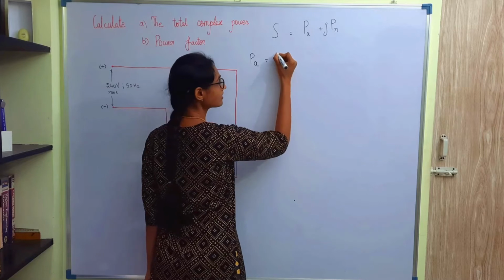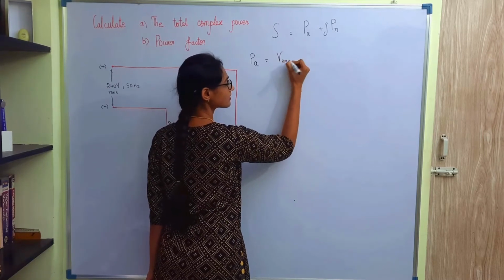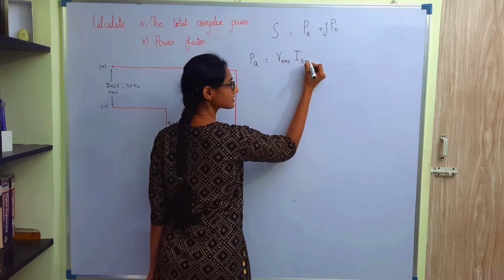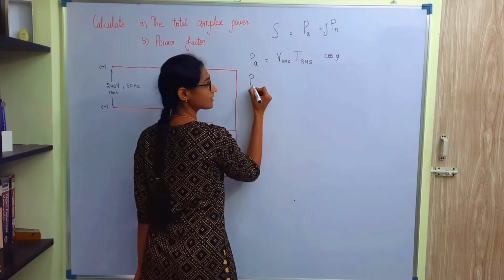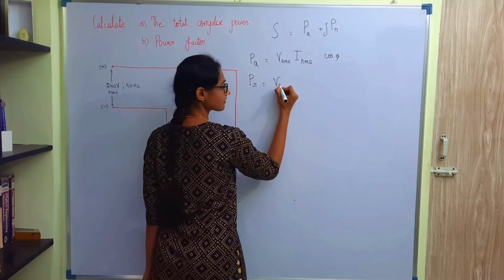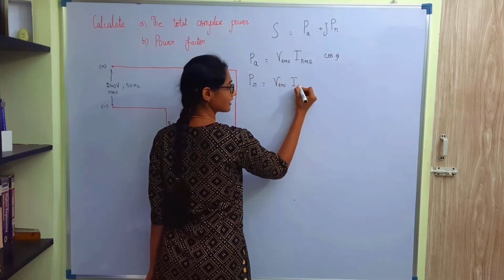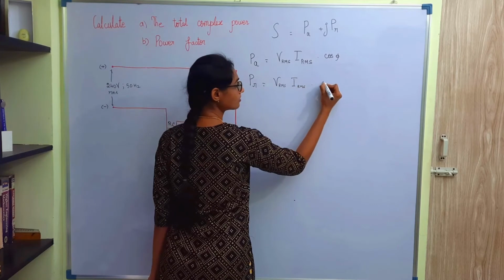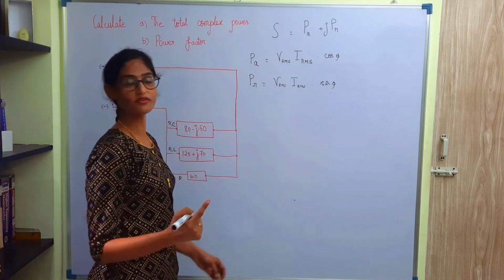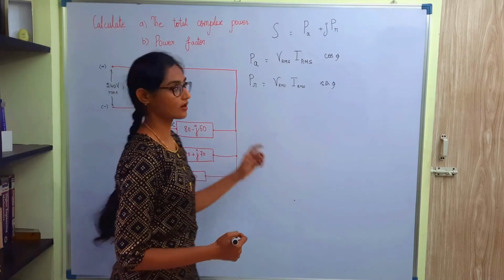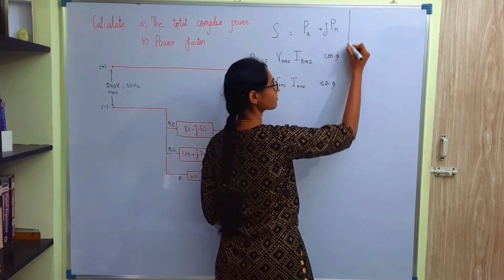Active power will be Vrms into Irms into cos phi. Reactive power will be Vrms into Irms into sin phi. This is the rectangular form of complex power. Okay, so now let us see the polar form of complex power.